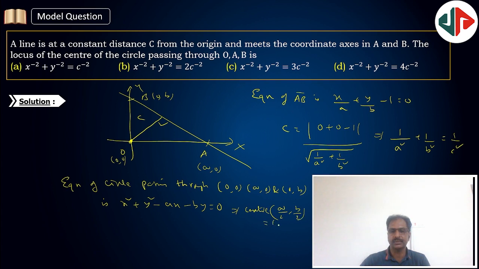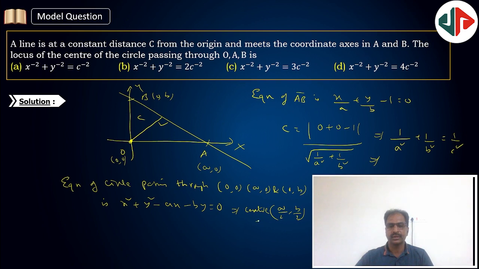So consider A by 2, B by 2 as x1, y1. Whichever point locus is required, always we consider point as x1, y1.